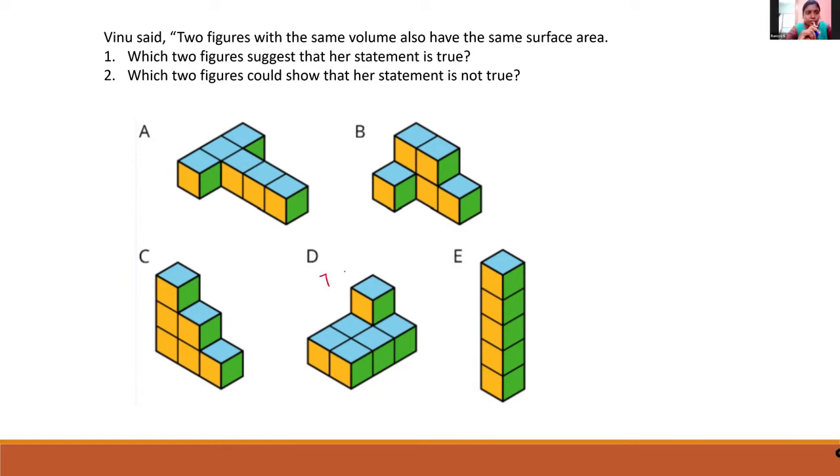D has 7 cubes, E has 5. And A, B, C have 6 cubes, right? Yes, ma'am. We want the figures with the same volume and same surface area, so we'll look at A, B, and C.